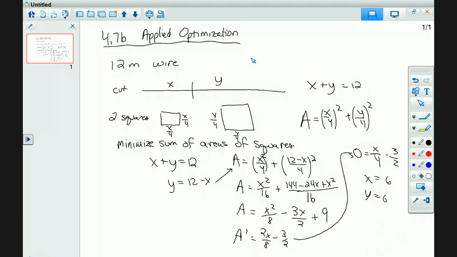X is 6. 6 plus 6 is 12. And you could use this one too if you want. 12 minus 6. Same thing. Okay. So that one's a little more involved than what I showed you yesterday, but it's the same idea. Get your formulas, plug one in, derivative, minimum, maximum.